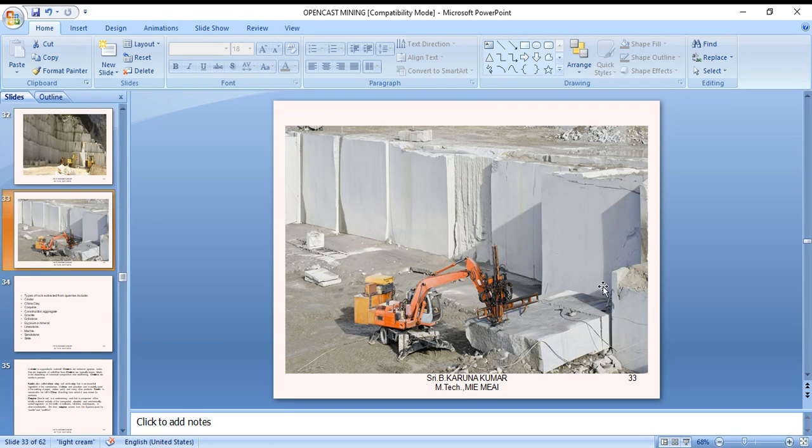Here it is clearly showing the cutting procedure without disturbing the quarry blocks. Without disturbing the quarry blocks, they will be systematically extracting the blocks, the uniform slabs. They call it sawing purpose.